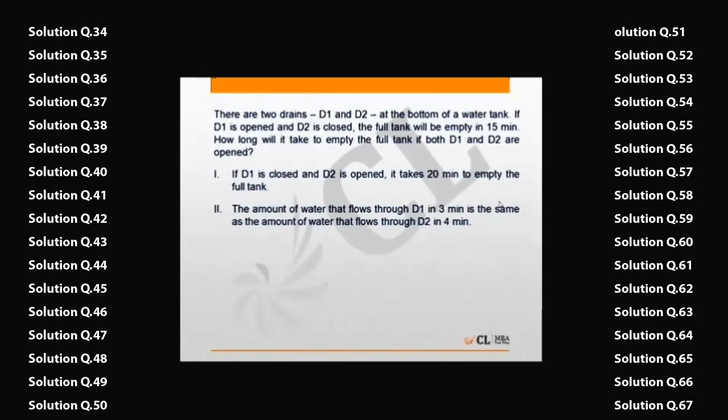Here we have a tank which has got two outlets. Let's call this outlet D1 and there's another outlet here, D2. There are two drains at the bottom. If D1 is open and D2 closed, the tank takes 15 minutes to empty.